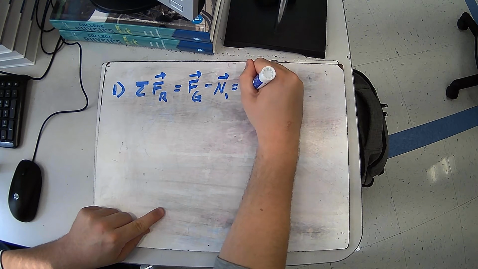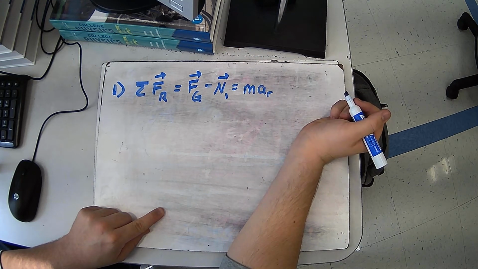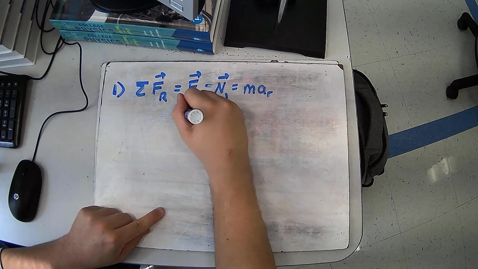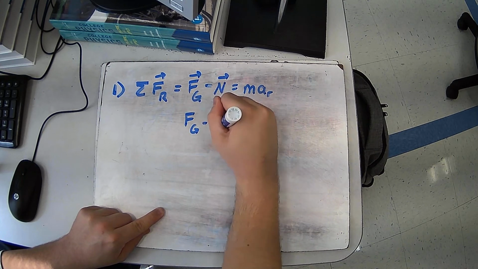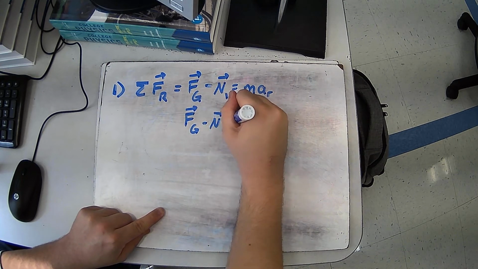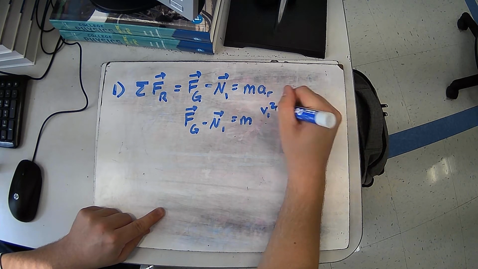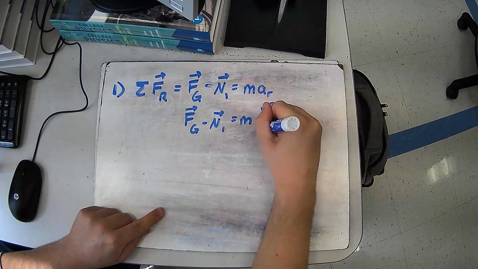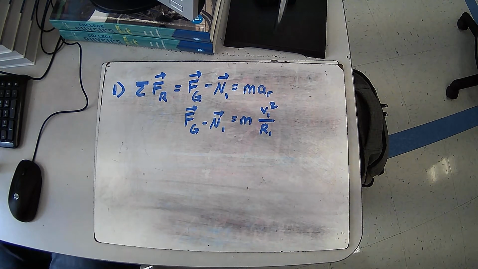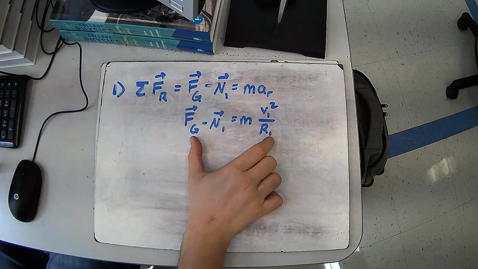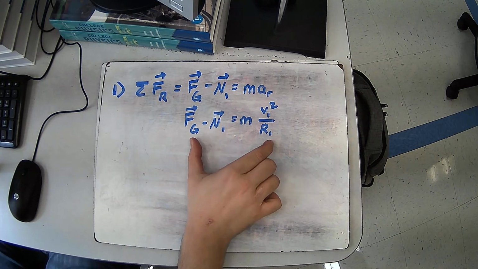And that has to be equal to mass times the acceleration in the radial direction. And we've learned that mass times the acceleration in the radial direction is equal to the square of the speed of the object at position 1 divided by the radius of curvature at position 1. So that's what the equation of motion would look like for the object in the radial direction at snapshot 1.